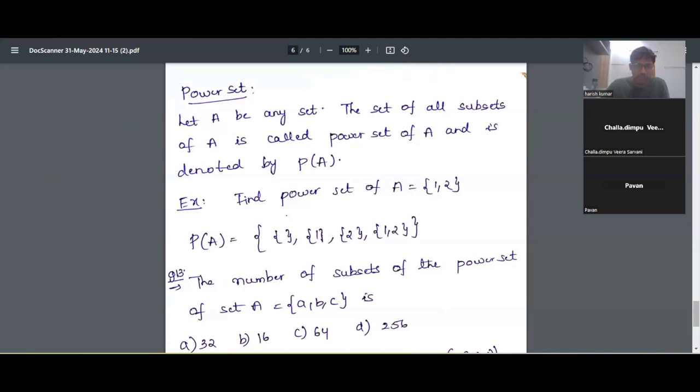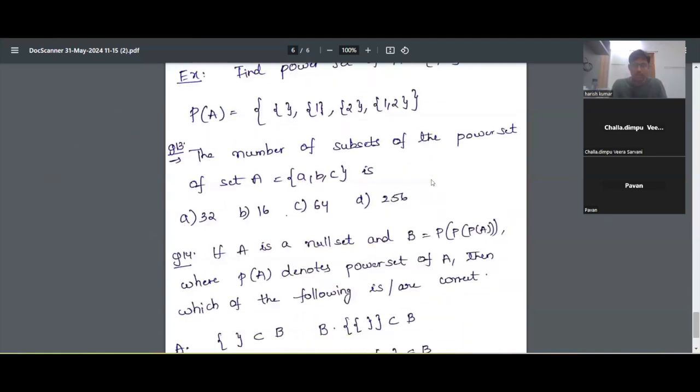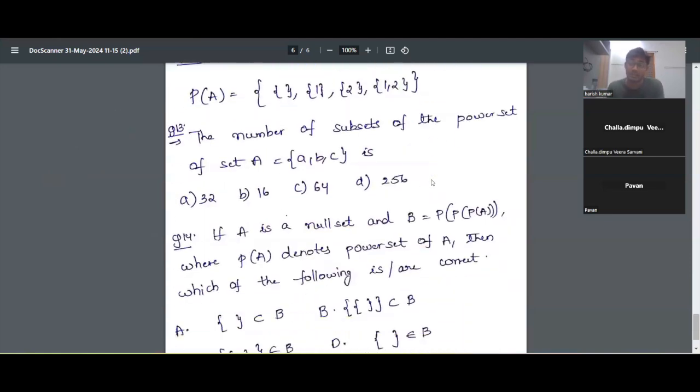All right. Let's solve this question. 13th question: the number of subsets of the power set. See, now he's not asking the number of subsets of the set. He's asking the number of subsets of the power set. That means, what do we have to find? First of all, we have to find how many elements are there in the power set.